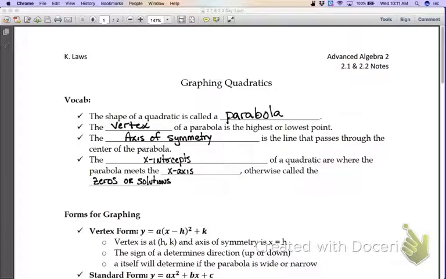It's basically everything we did before where we could actually solve it. So what we solved before for the last 2 weeks are the x-intercepts that we're going to have on our graph today, tomorrow, things like that.